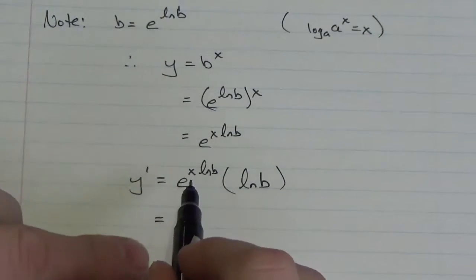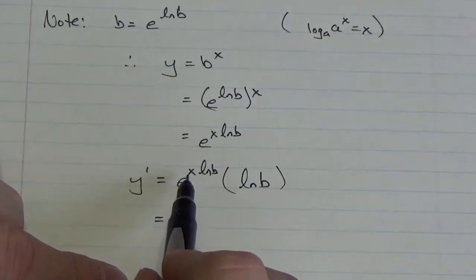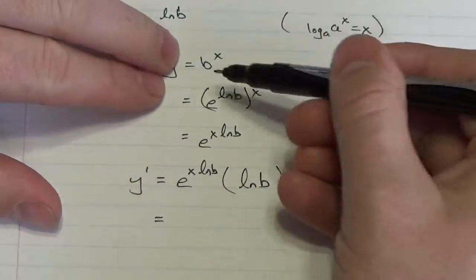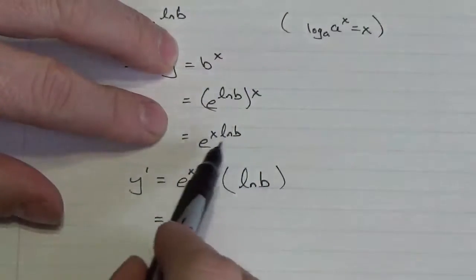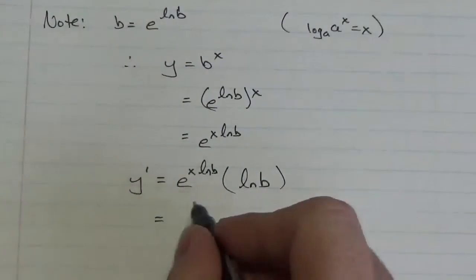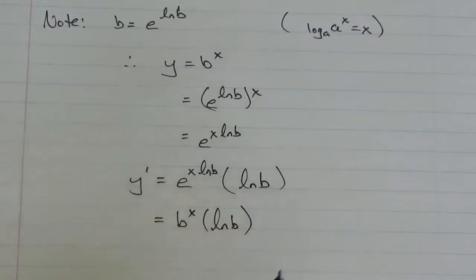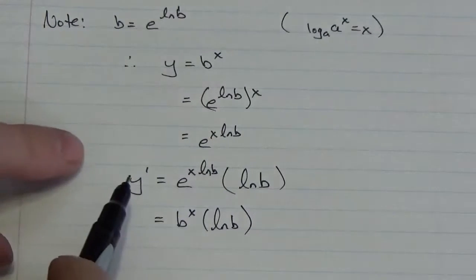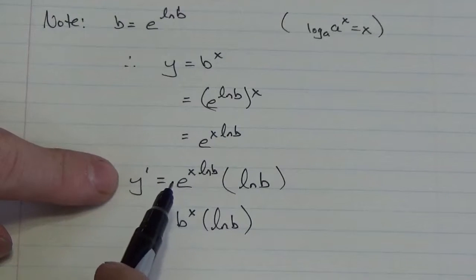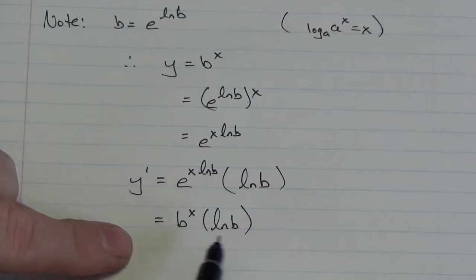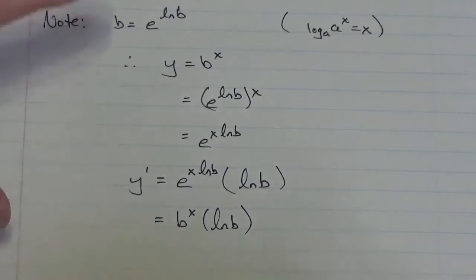And bear in mind what we've just said here, e to the x natural log of b. Look at that little train of equalities here. I know that this is equal to this, so I can replace that now with this expression right here. So the derivative of b to the x is going to equal b to the x multiplied by the natural log of b.